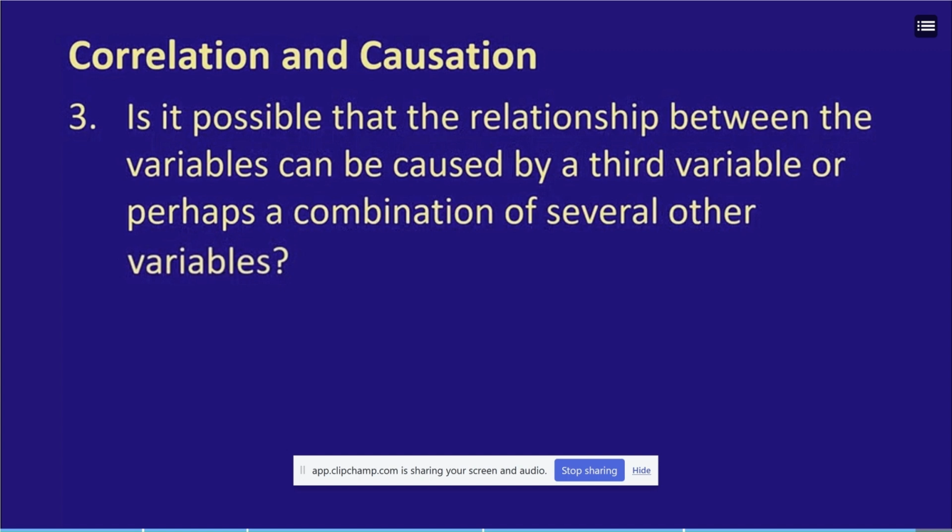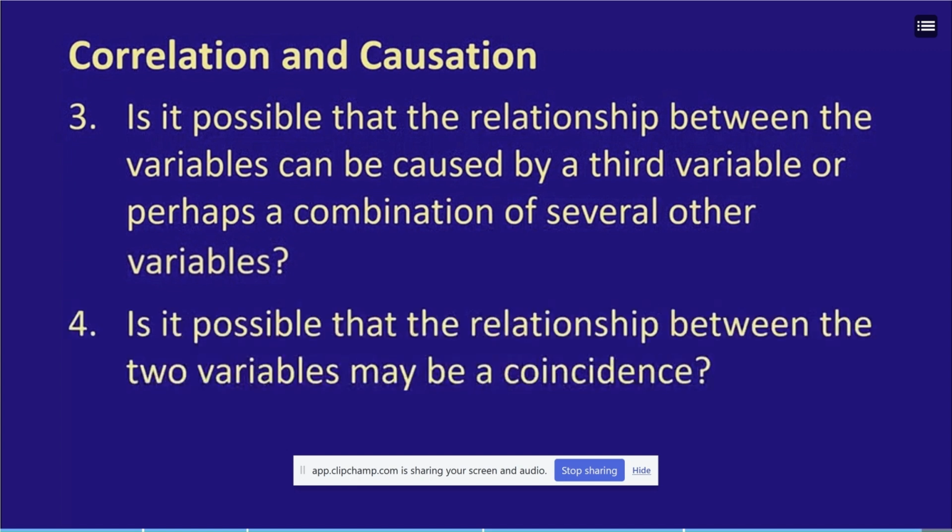There may be some other variable or a combination of other variables that has a relationship with both X and Y. And then fourth, is it possible that the relationship between two variables may in fact just be a coincidence? Just because we see a correlation between two variables, it may just be a coincidence and nothing more than causation.